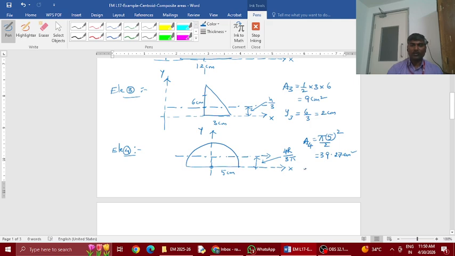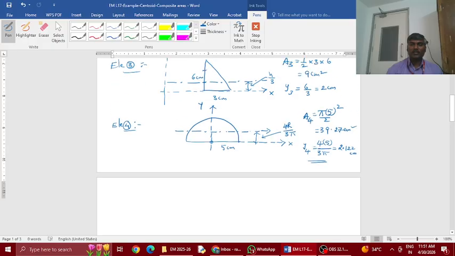Then y4 is 4 r, r is 5, by 3 pi, which works out to be 2.122 centimeters. So this is how we write the properties required for substituting into the formula.